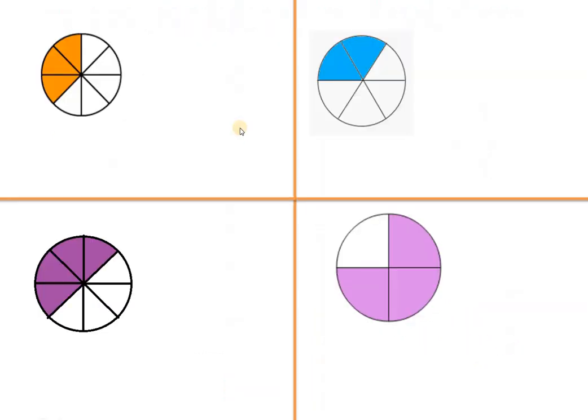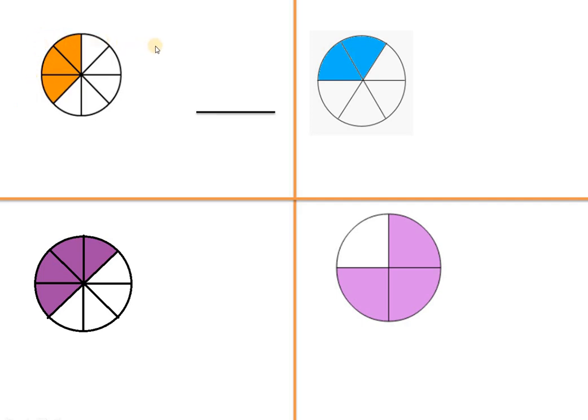3/4. Okay, let's find out how many yellow parts there are. First of all, we have to draw the fraction line. Then we have to find out how many parts all together. 1, 2, 3, 4, 5, 6, 7, 8 parts.